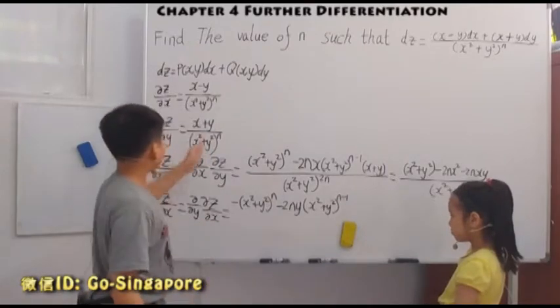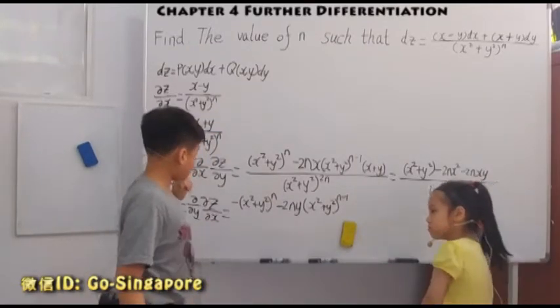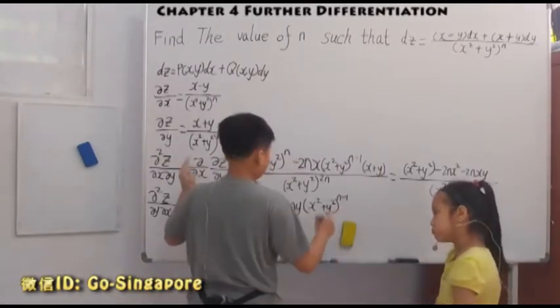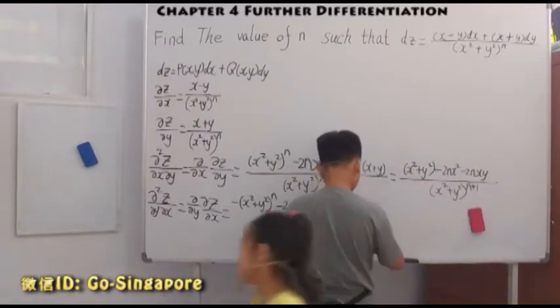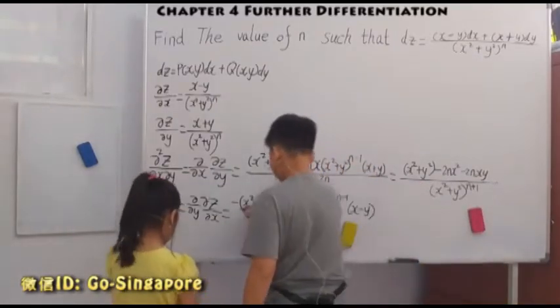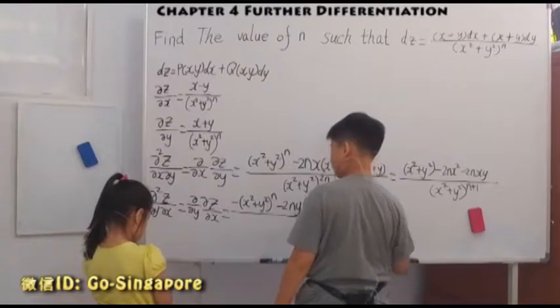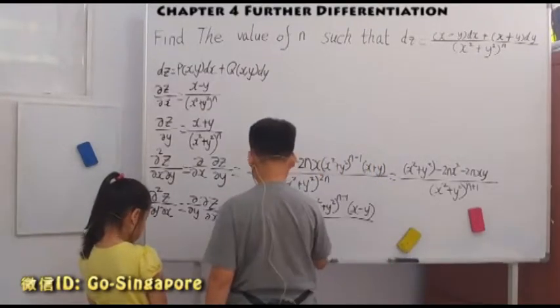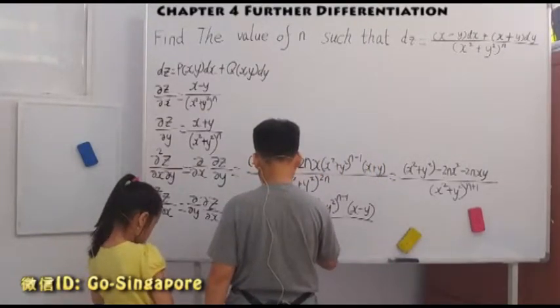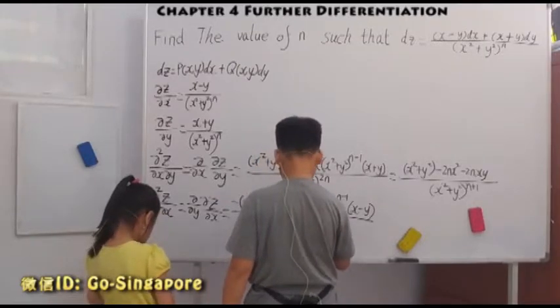Like this, n minus 1, times back the numerator again. All of these over the square of the denominator.